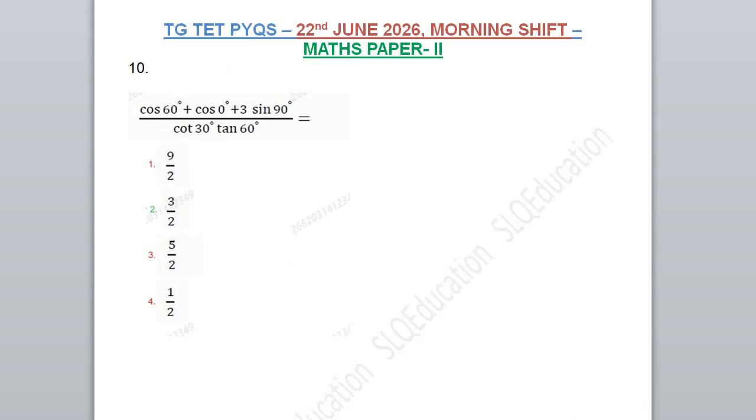Here we have to simply substitute the values in the given expression. So what is cos 60? If you don't know the values, you can take it like this, to get sin theta values for 0 degrees, then 30, 45, 60, and 90 degrees.